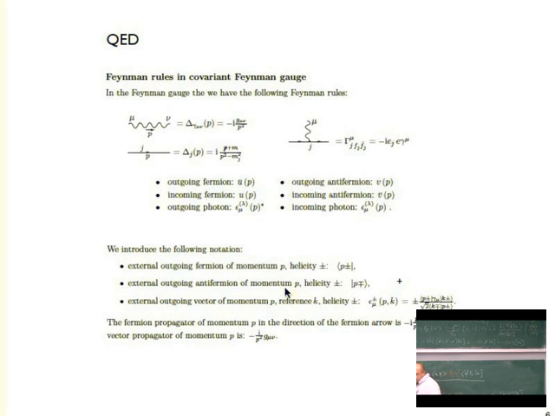So plugging back in this substitution, ⟨1 3⟩[3 4⟩ I will substitute by minus ⟨1 2⟩[2 4⟩.